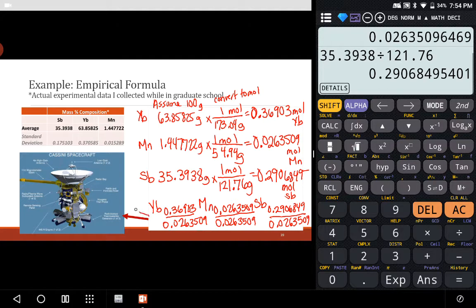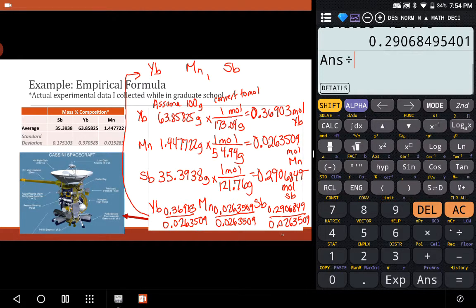Okay, so I don't have enough room to keep writing, so I'm going to keep writing up here. And so I've got to write my new subscripts. Now I know my manganese subscript is 1. So I've got to take these other numbers and divide by the smallest.